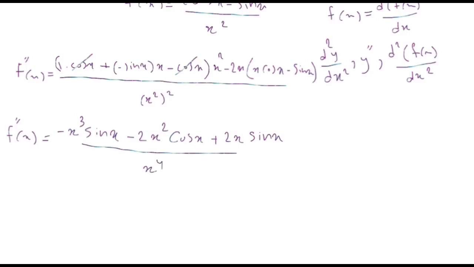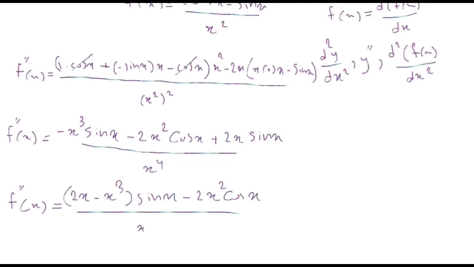So the second derivative of f(x) equals (2x minus x cubed sine x minus 2x squared cosine x) over x to the fourth power.